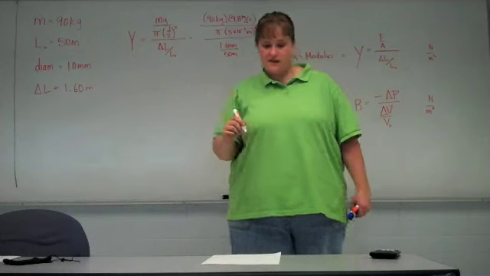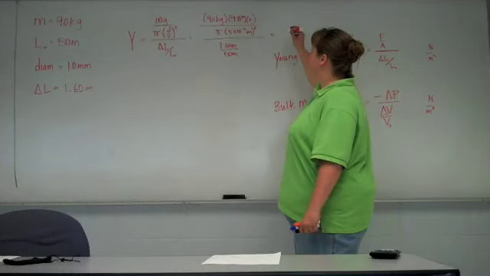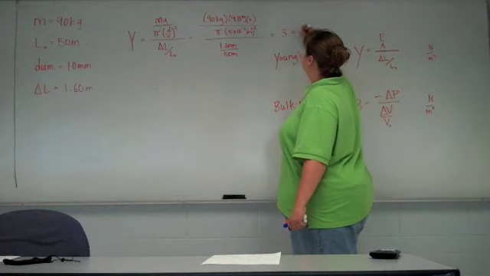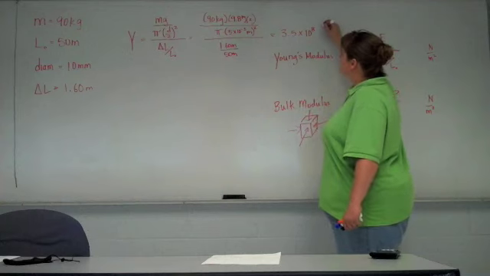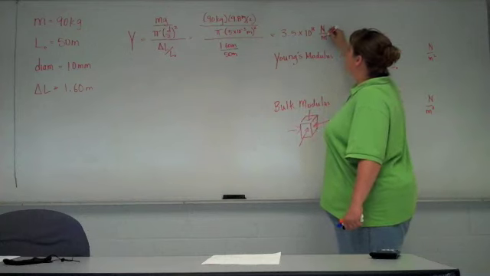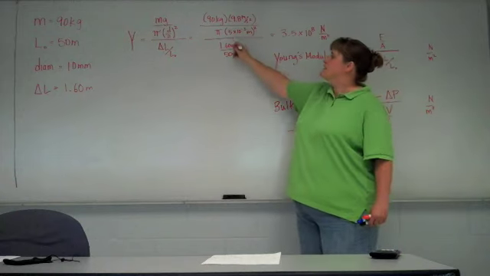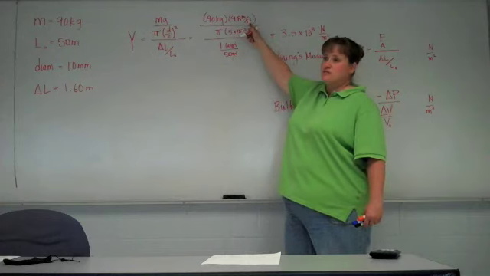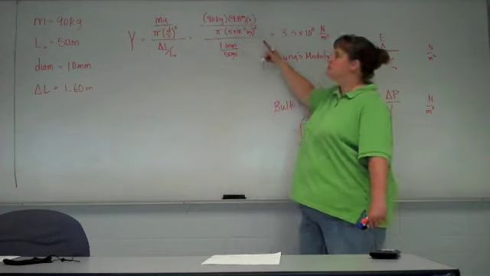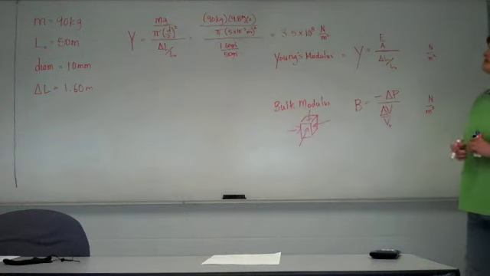Plugging and chugging all of that through, 0.5 times 10 to the 8th. Units are newtons per meter squared. These meters cancel. Kilogram meter per second squared is a newton over meter squared. So our units are newtons per meter squared.